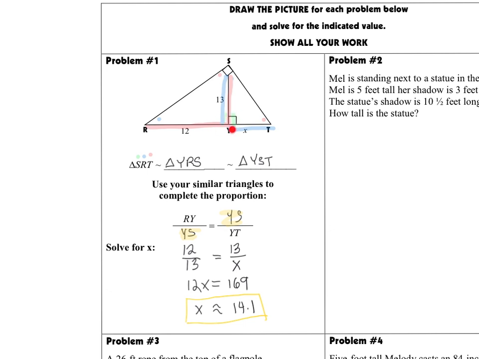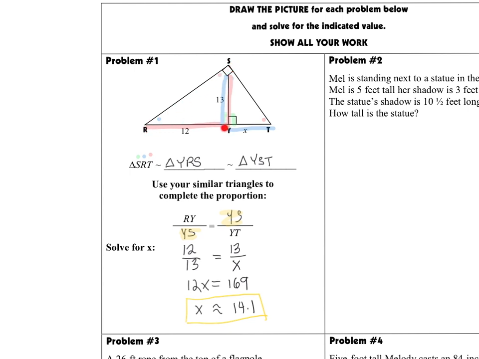And so if you need to draw those out separately like we did in the example, that may be helpful for you. But what we find out is that triangle SRT, which is the large triangle, is similar to triangle YRS.